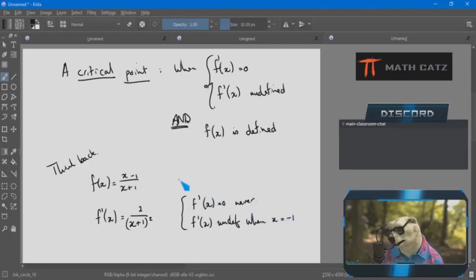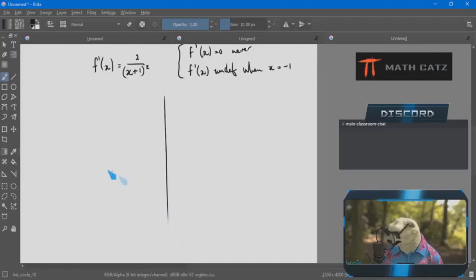This, however, is not a critical point because the function is not defined at x equal to negative 1. The original function has a problem there as well. It was a vertical asymptote, right? Quickly graph this. We had a vertical asymptote at negative 1.